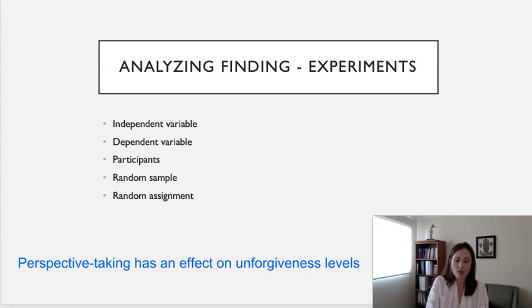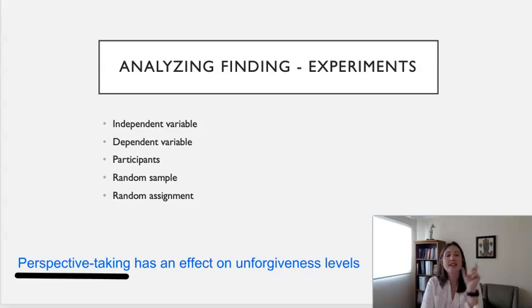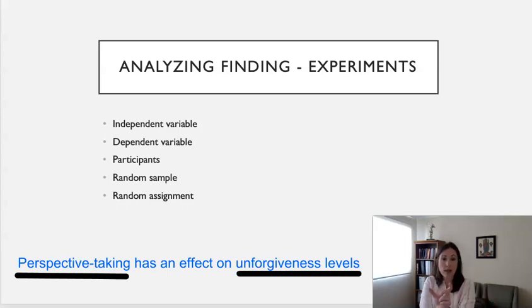And so if you have that, perspective taking has an effect on unforgiveness levels. The independent variable is the initial thing. The dependent variable is dead last. So perspective taking was my independent variable.